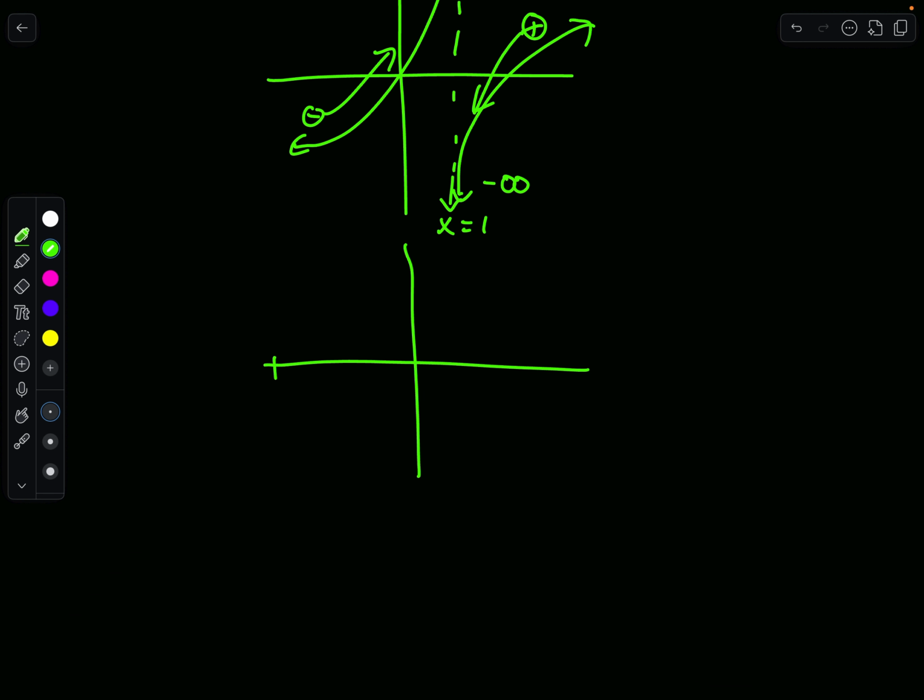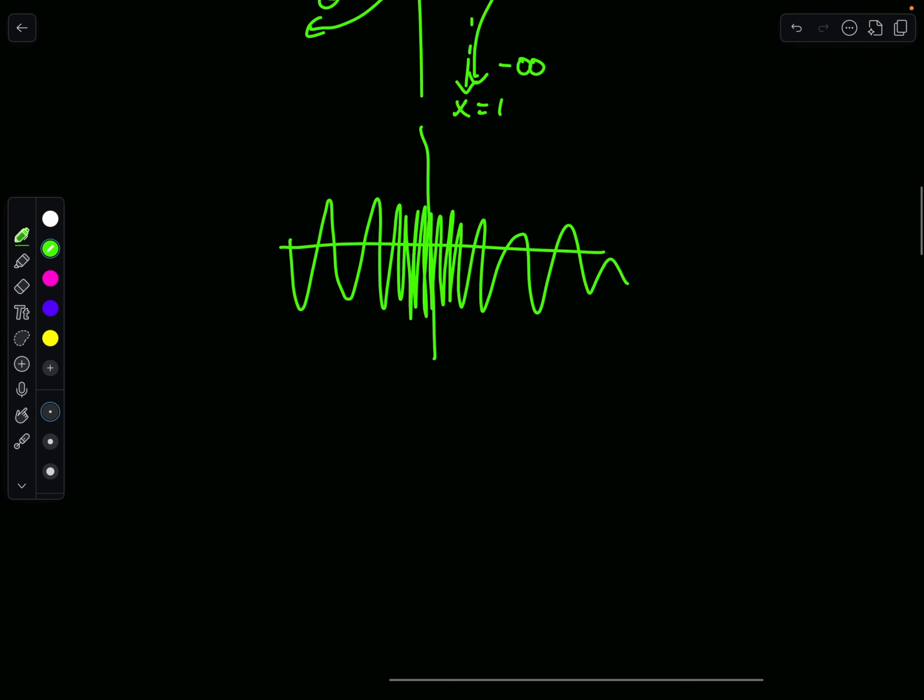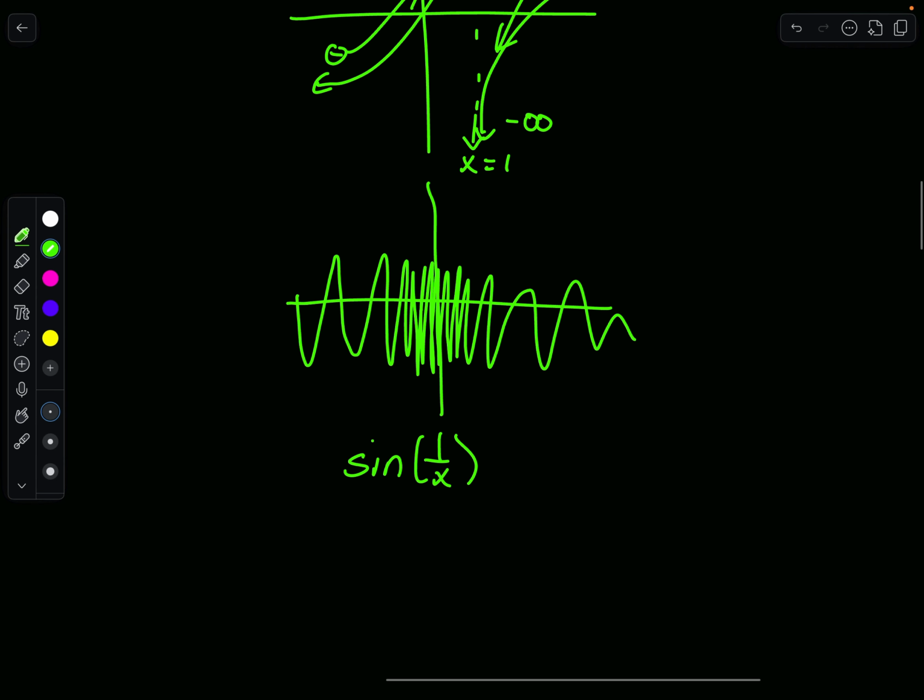Finally, we'll look at a scenario called oscillation. We'll say this is the graph of sine of 1 over x. You can see that as x gets closer and closer to 0, the function rapidly oscillates. So there's no set value for what f of x is approaching.